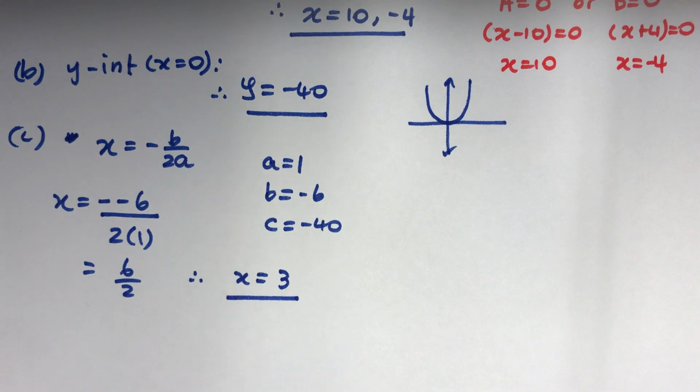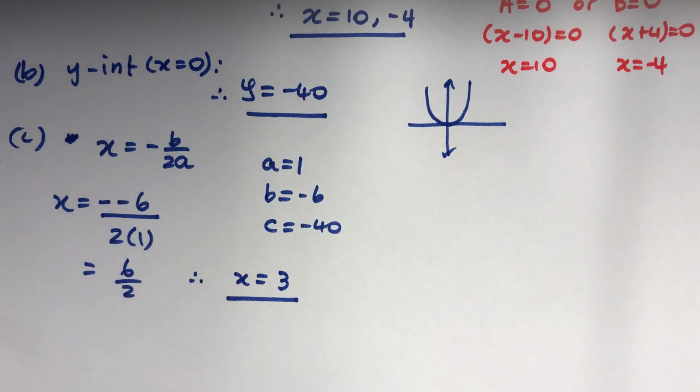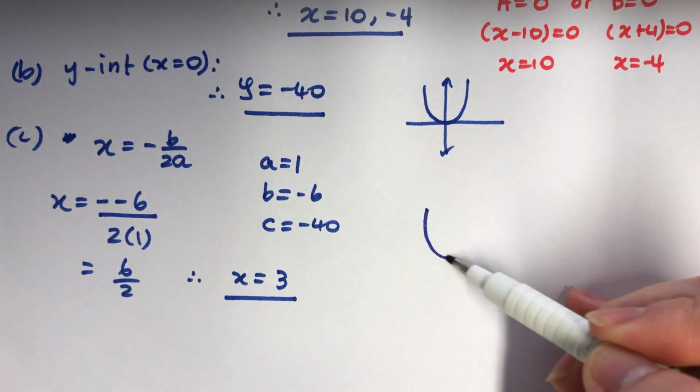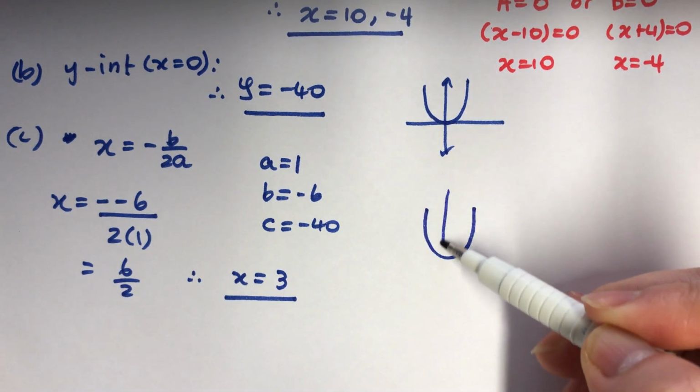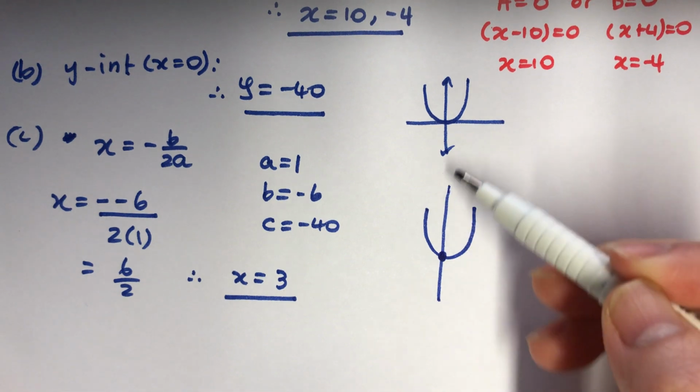Now x equals 3. That axis of symmetry, the x value, is 3. That means, in other words, the x coordinate of your vertex is also 3, because that makes sense, you know, because you're cutting right in the middle, vertically.